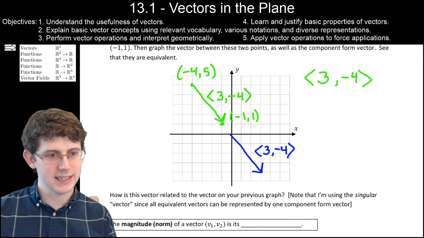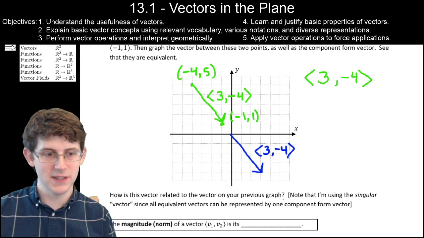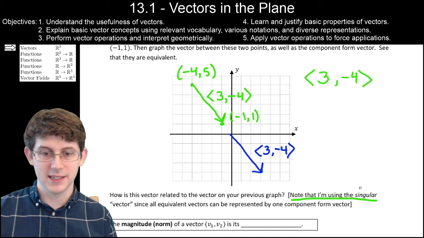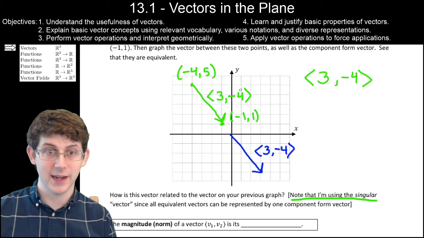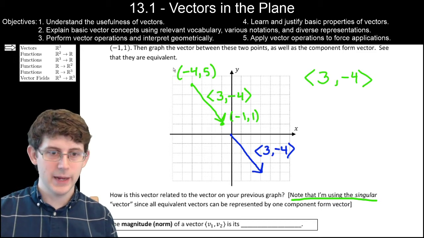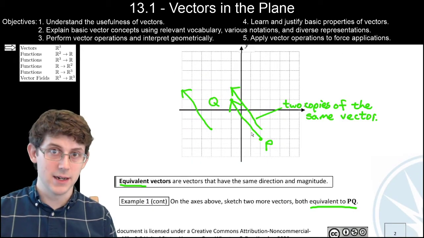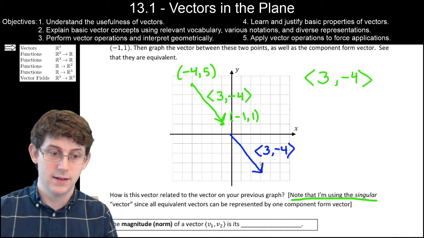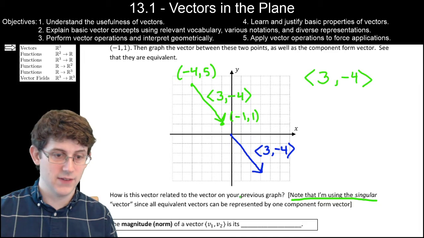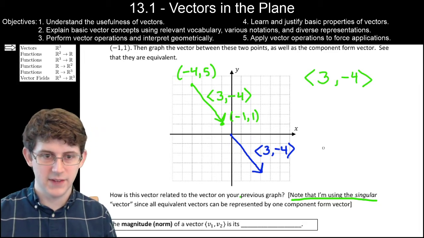Okay, the question asks, how is this vector related to the vector on the previous graph? This is a really good point: we're using the singular here, because this blue vector and this green vector are the same vector. On the previous page, we had a vector that looked kind of similar, but it was pointing in the opposite direction. So how is this vector related?